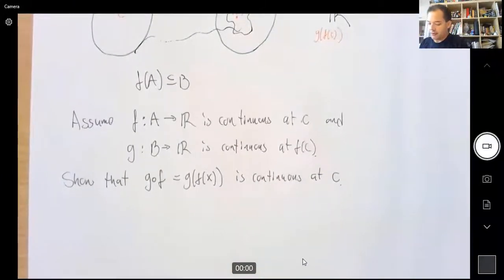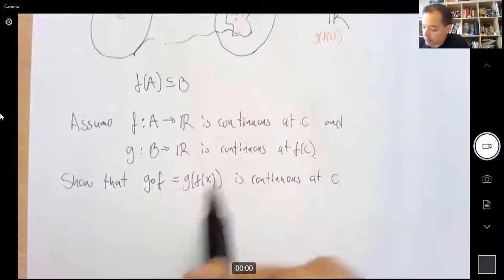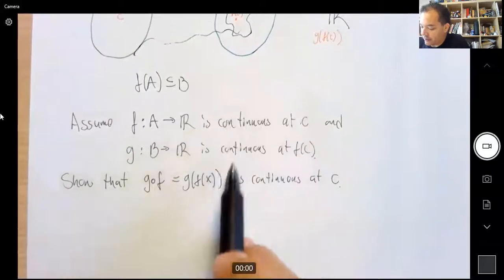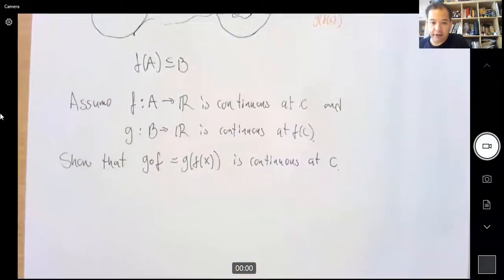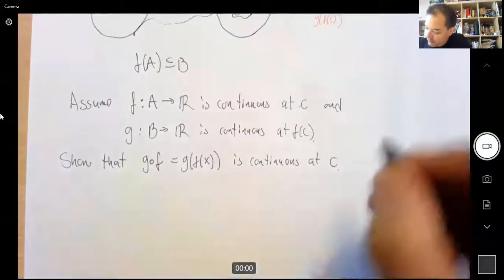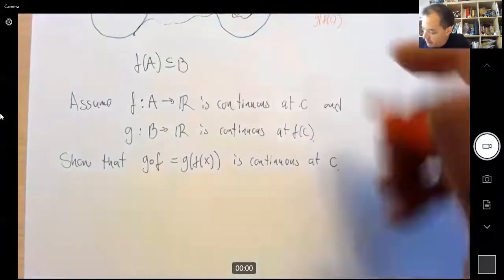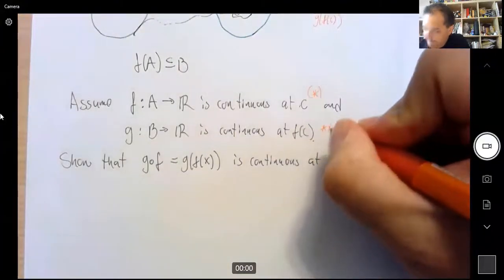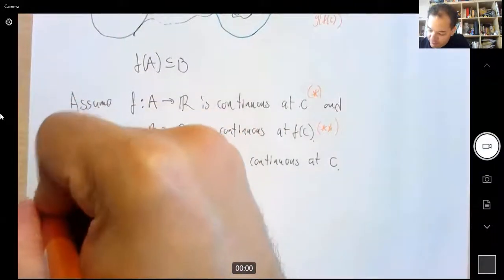How do we do it? Well, let's start by looking at what we have here. So what is the meaning of these two properties, right? Let's write them down. Let me number this one star and this one double star. So here's a restatement of star.